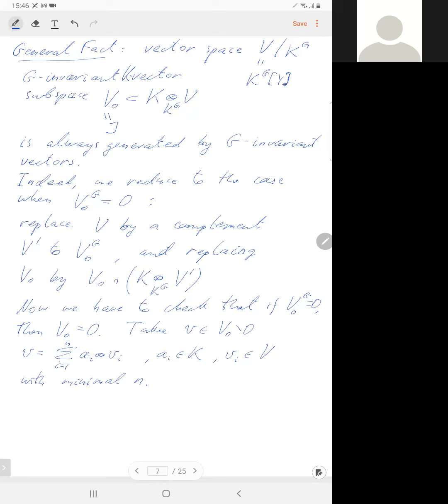Okay. And now, just by rescaling, say A_1 may be assumed to be 1. But then gV minus V has a similar expression, but with n minus 1 summands.